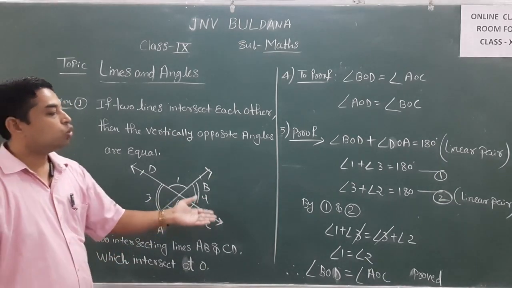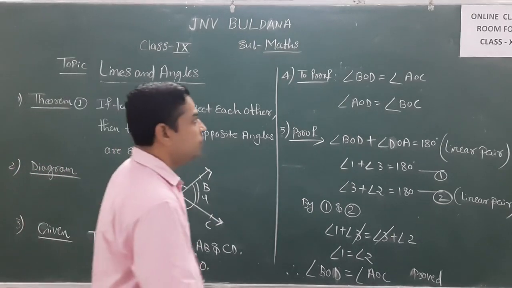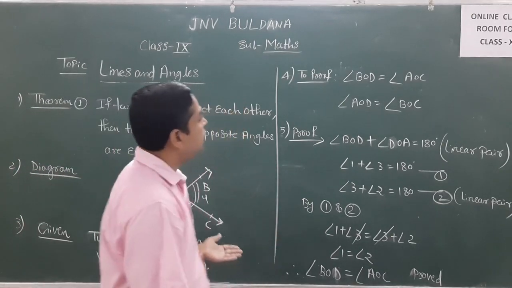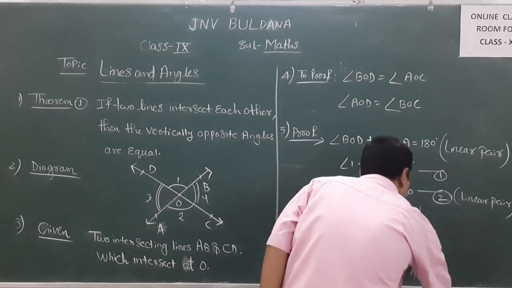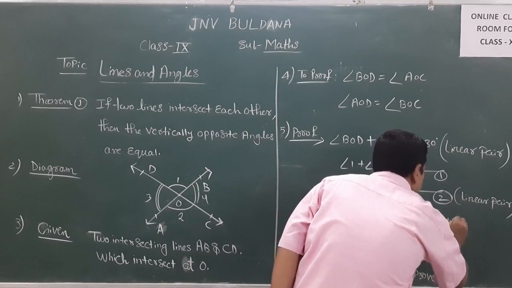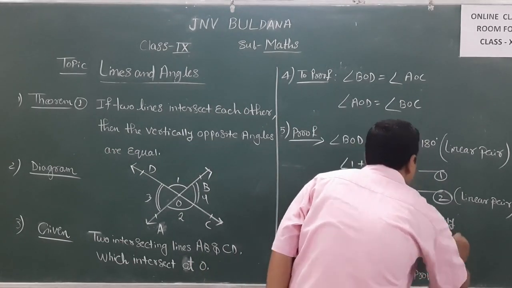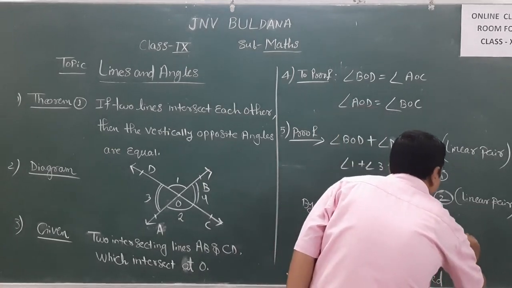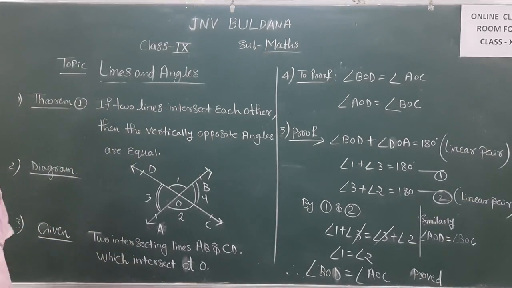So no need to write it again; you can write similarly. So for this statement, AOD is equal to BOC, I am writing similarly: angle AOD is equal to angle BOC. So this is the proof of our first theorem.